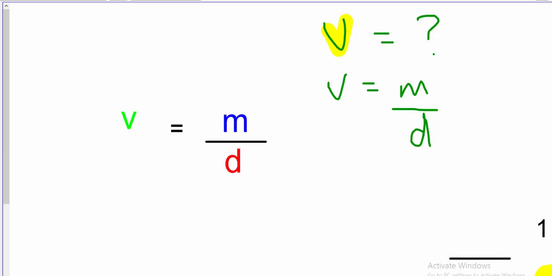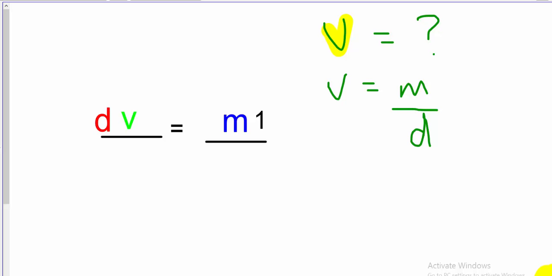A couple of things to note, then, to do a quick recap. If ever you want to get things out of the denominator, you can simply move them up into the numerator, but they have to go to the other side. You can cross multiply anything to get it out of the denominator. And if you want to move something to the other side and isolate it, you have to do the opposite of what's being done to it.